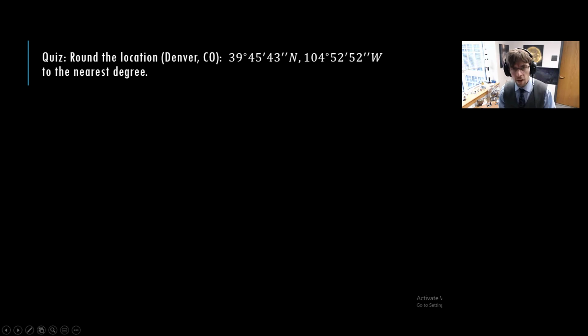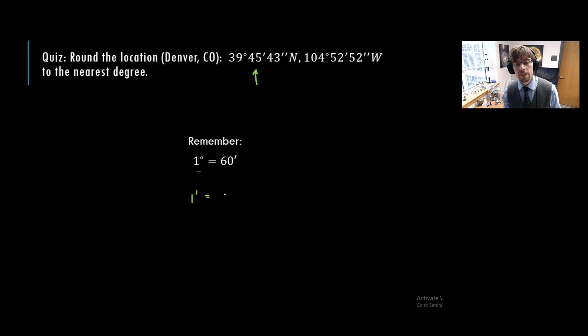But let's remember that right here, these are arc minutes. And how many arc minutes are in a degree? Yeah, 60. Remember, there are 60 arc minutes in 1 degree. Or you could say that 1 arc minute is a degree divided by 60.